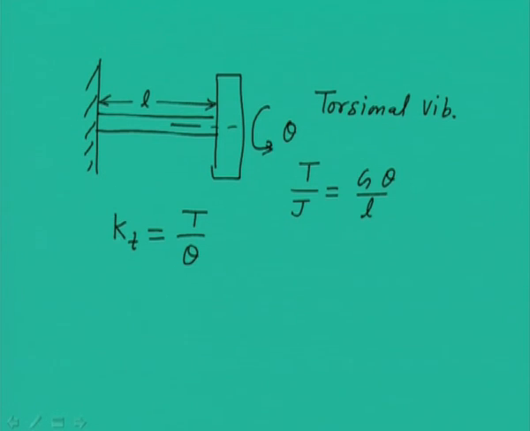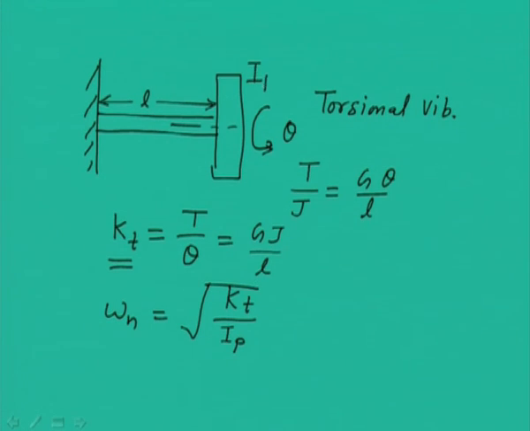Here, because it is torsional stiffness, it is torque divided by the angular displacement, which can be given as GJ by L. Once we have the torsional stiffness, the natural frequency of the system will be the torsional stiffness divided by the polar mass moment of inertia of the mass.